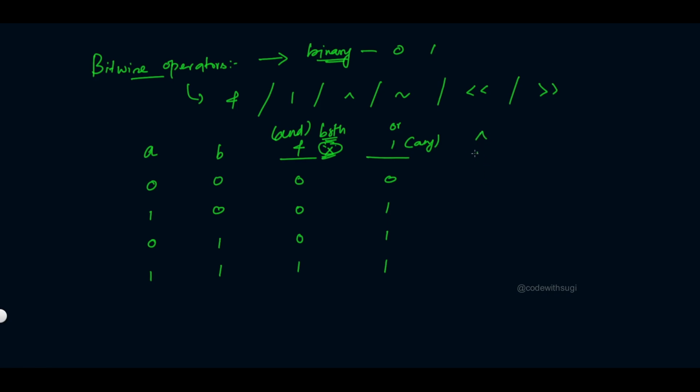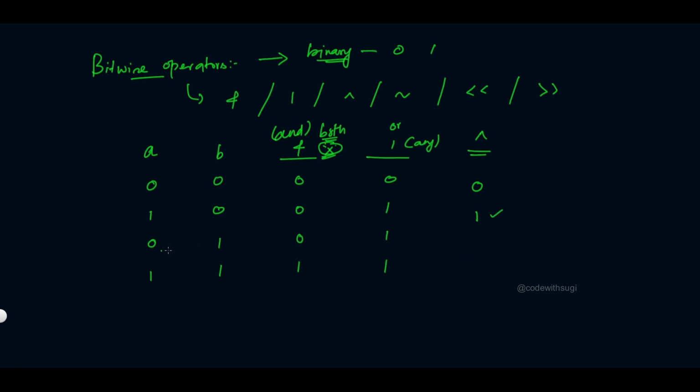Then exclusive OR. Exclusive OR, in the sense, is different from OR. That means if only one is having 1, then it will return 1, else for all other cases it will return 0. Say for example, a and b are 0, then obviously we will get 0. Then a is 1, b is 0, right? Only one is 1, so it returns 1.